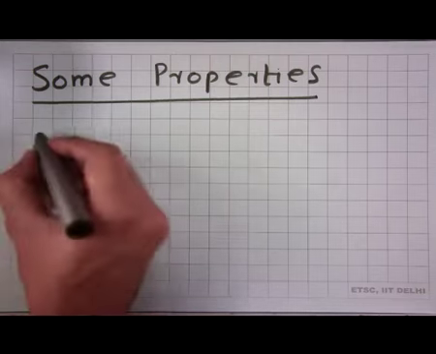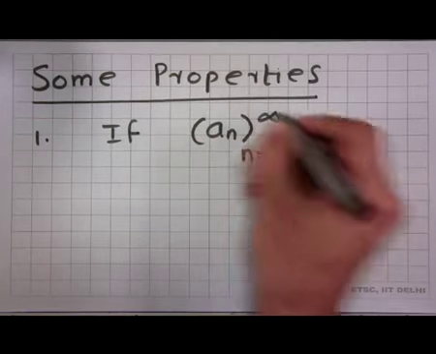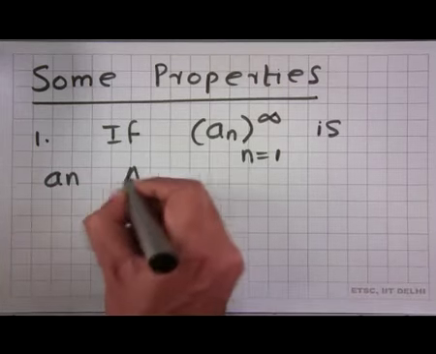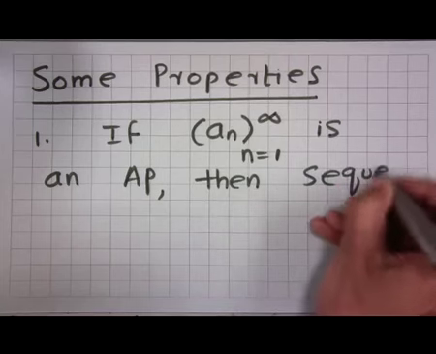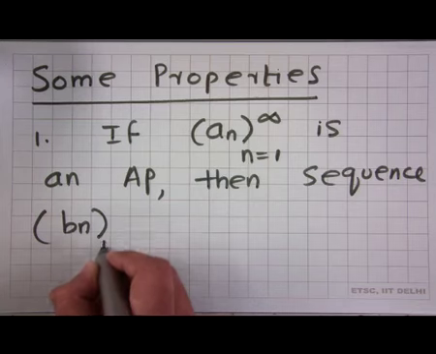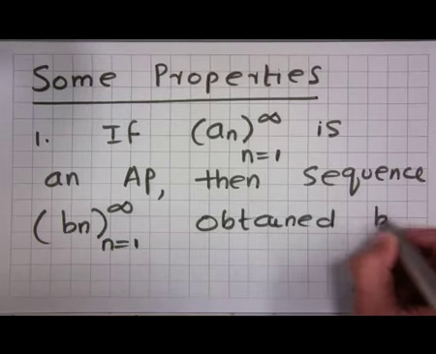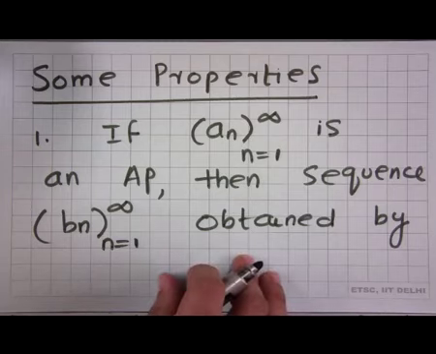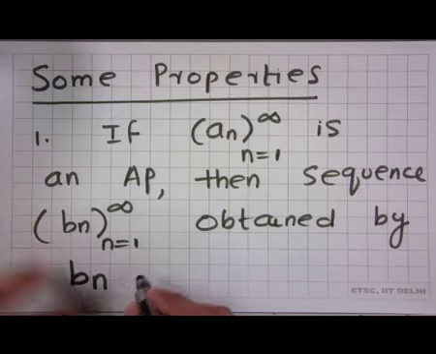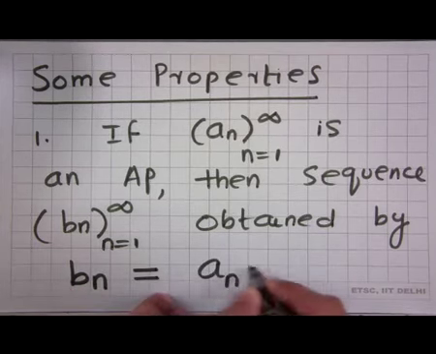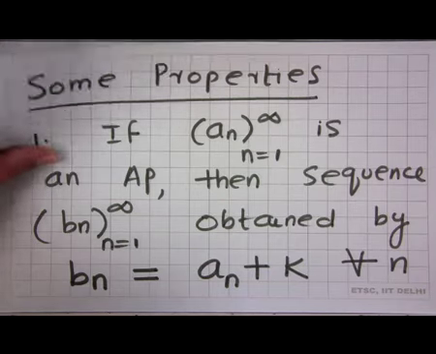Let me remind you, if a_n, n equal to 1 to infinity, is an arithmetic progression, then the sequence b_n obtained by adding the same number to each term of the given AP, that is, the sequence b_n where the nth term b_n is equal to a_n plus some k for every n, is again an arithmetic progression.